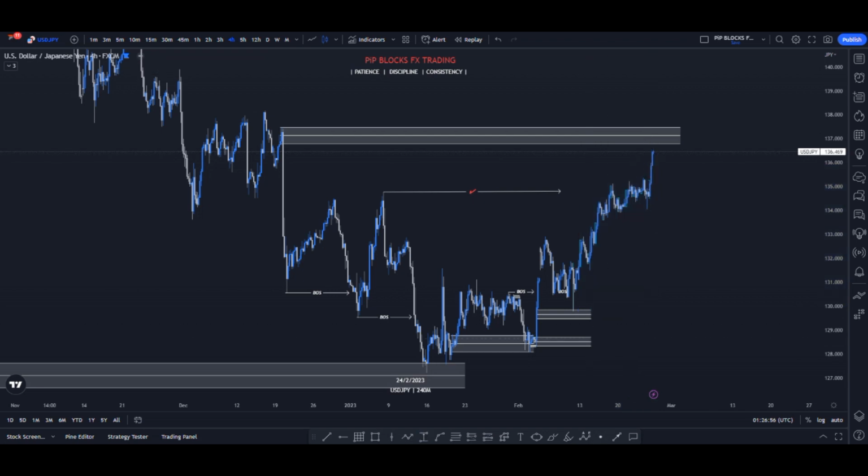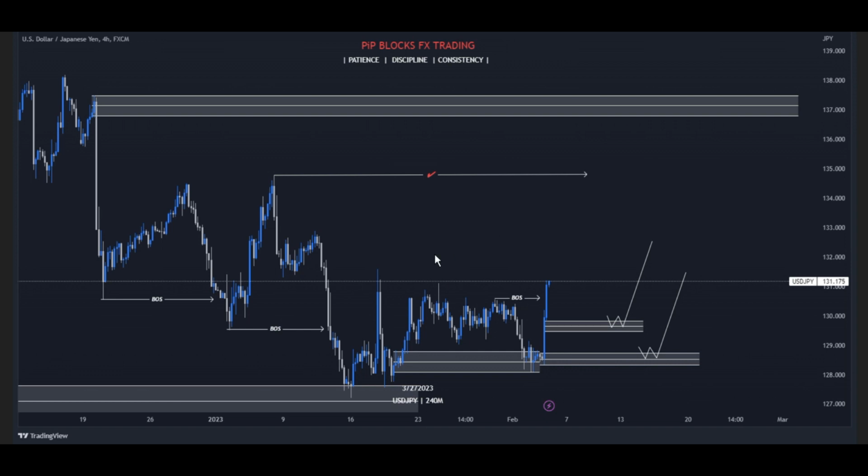So this was my initial look on the chart. Okay, so this was my initial analysis I made on this pair. So I was expecting the market to come here or this place before I get a move to this side.